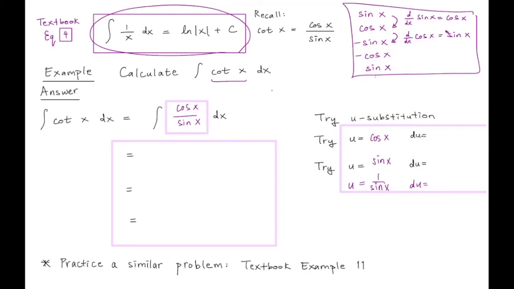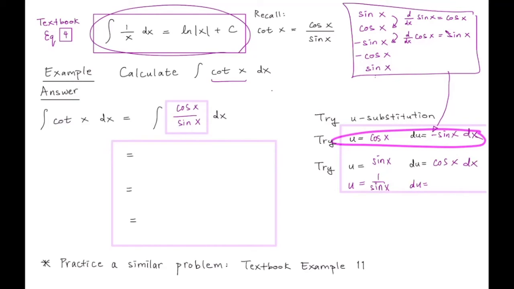So du, then if u is cosine of x, would be negative sine x dx. So this is not very promising because I can't really use these to do u substitution. But let's try when u is sine of x, then du would be cosine x dx.